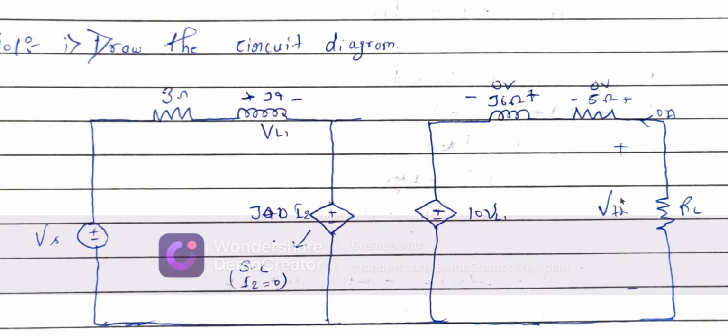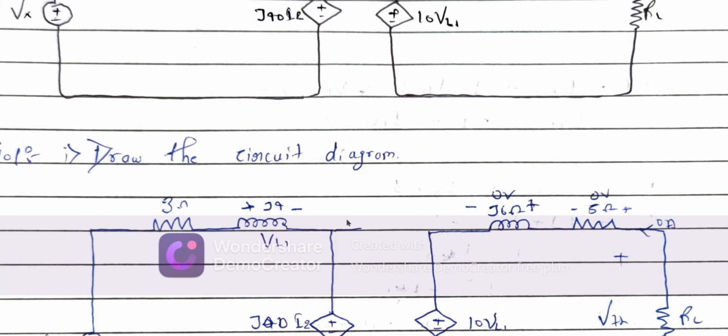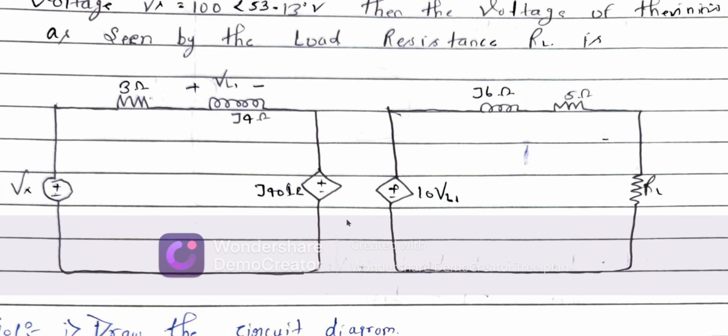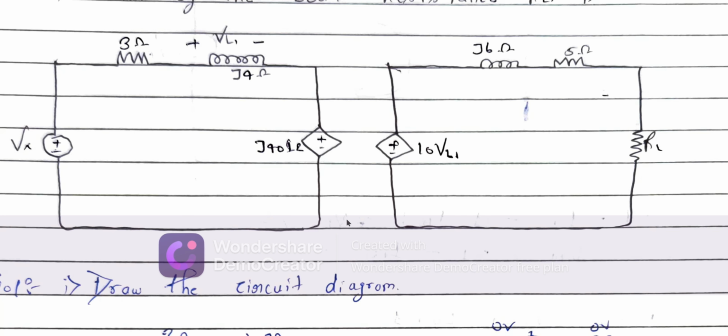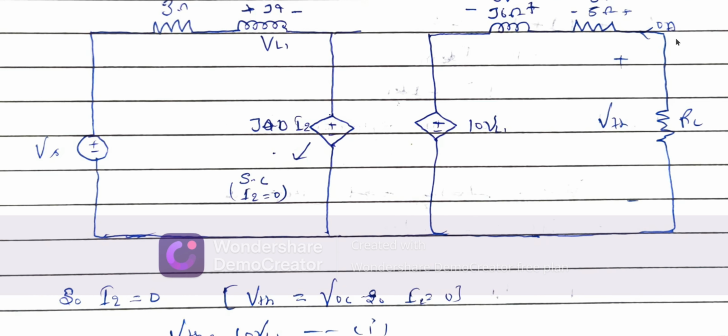In this we have to find VTH, where I2 is 0 because the output is open circuited.